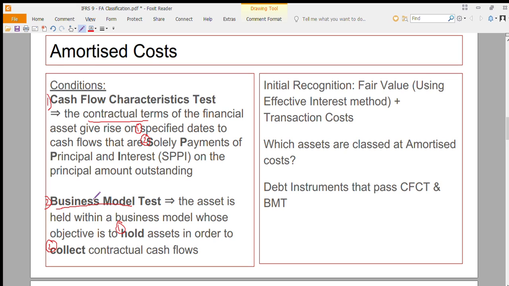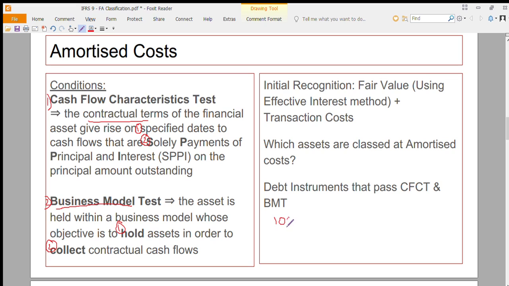It will be easier if I give you a few examples, and let's see whether the assets in the examples pass these two tests. A simple example one, a simple vanilla loan. Let's say you lend money. We are speaking about financial assets.